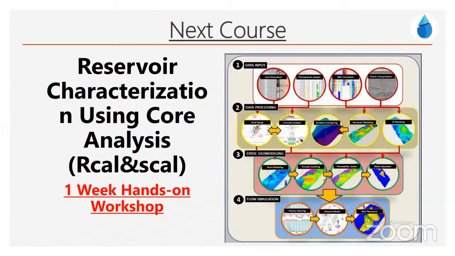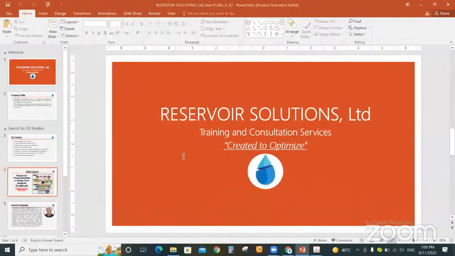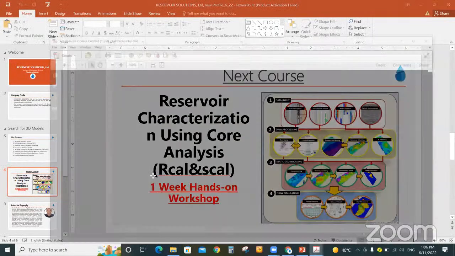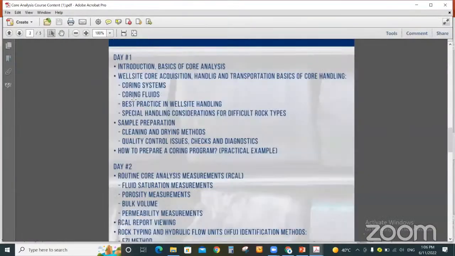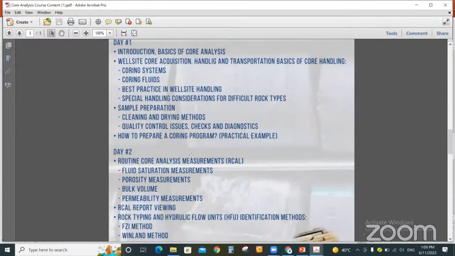Our next course, which will be on 23 June, is reservoir characterization using core analysis, routine core analysis, and special core analysis. It will be a one-week hands-on workshop. For the content of the course, the first day will be on coring: how to prepare a program, how to decide between sidewall coring or conventional coring.